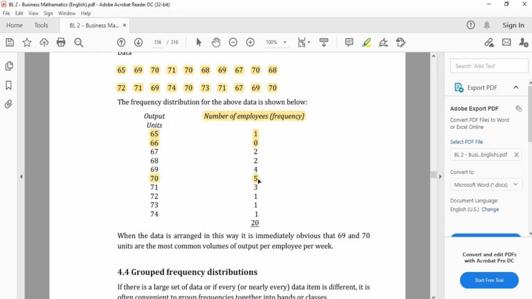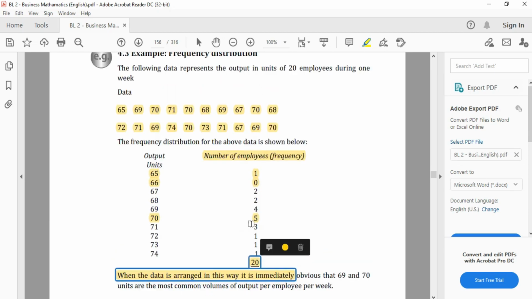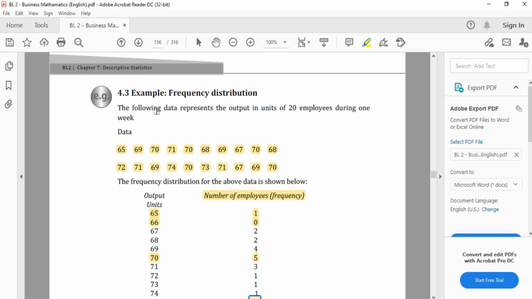So 5 employees have produced 70 units. And so forth, they have built the frequency distribution likewise. And you must make sure that your total tallies to 20 employees over here, because the question says data represents the output of 20 employees during 1 week.